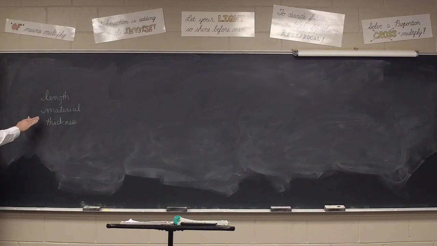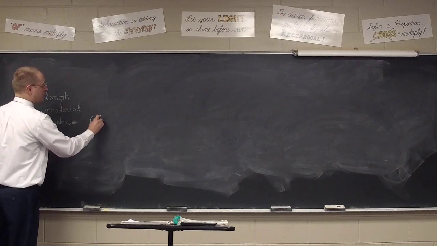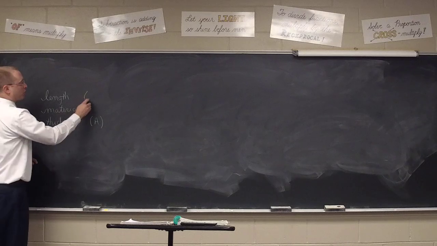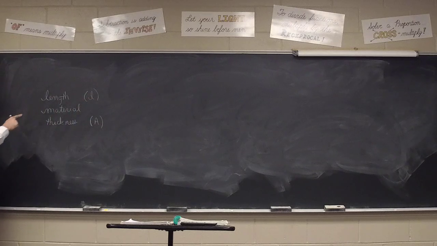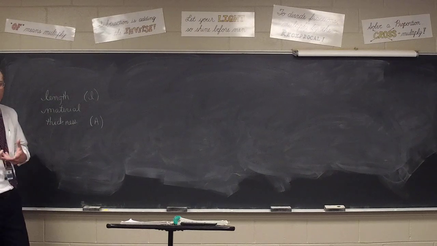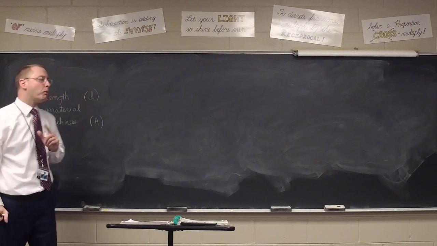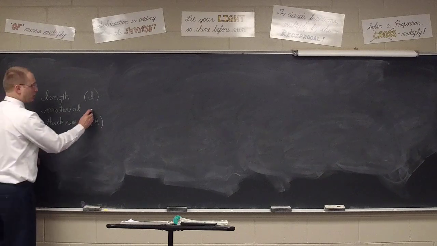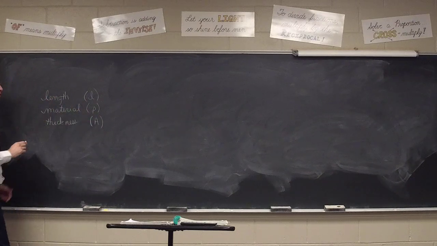Now, technically, for thickness, the better way to think of it, class, would be cross-sectional area. Length, of course, is just length. And then for the material, we said every different material has its own natural inherent resistance. What was the term we used, represented by the Greek letter rho, to describe the effect of the material upon resistance?